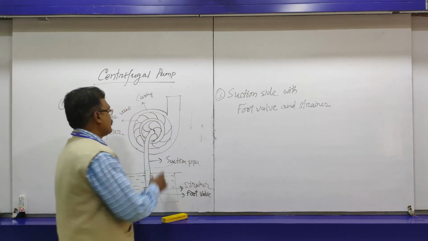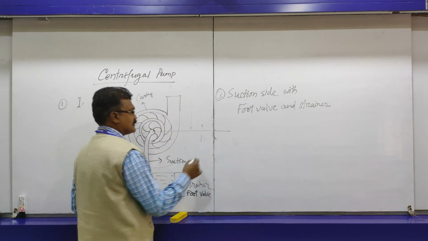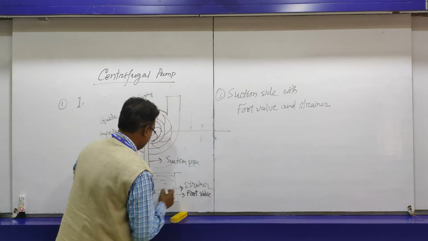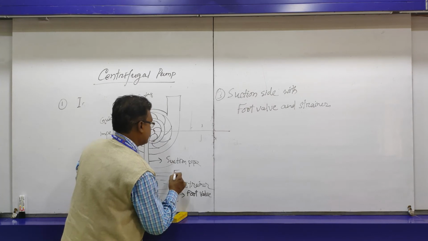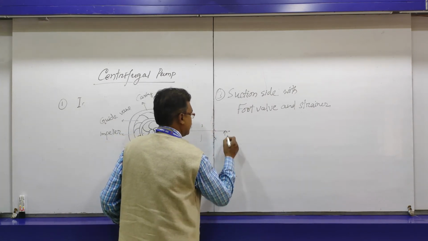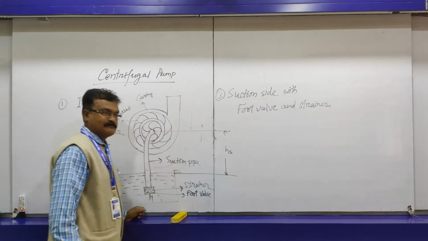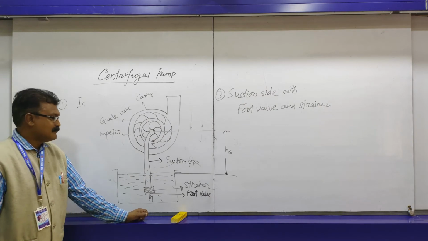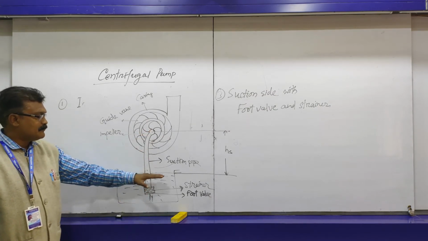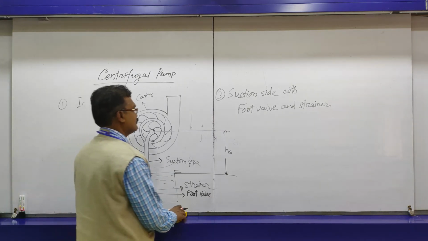The center point of the impeller is also known as the eye. The height from the center point of the impeller to the surface of the water level is very important. It is known as the suction head.